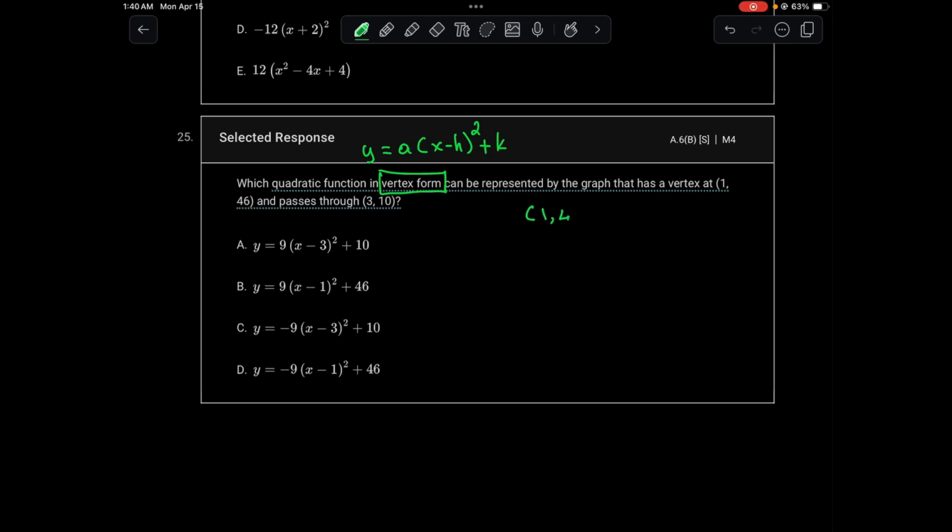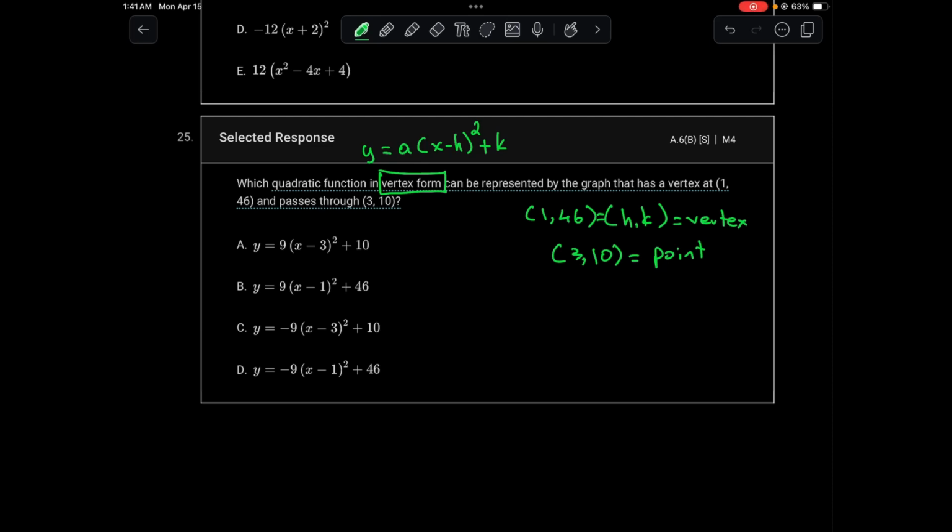So the vertex is 1, 46. That is my h and k, and passes through the point 3, 10. That's just a point that the line passes through.